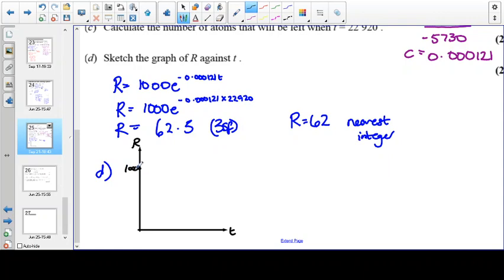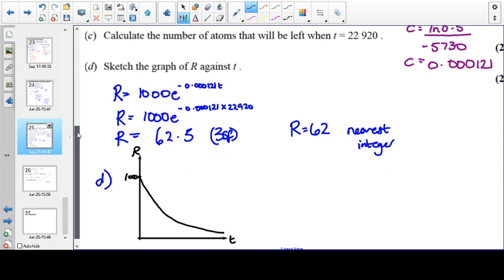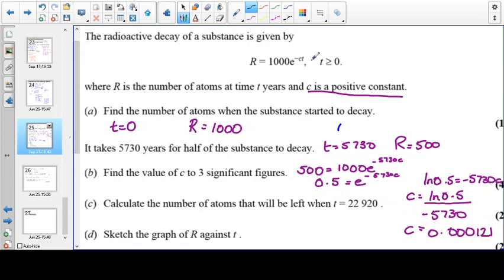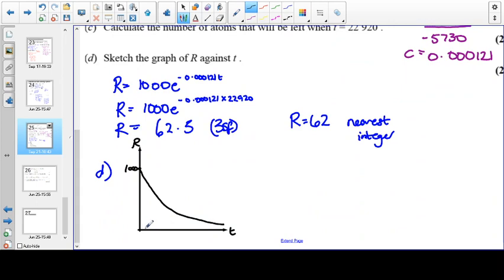So that's 1000 there. And then as t gets bigger and bigger, this starts to get smaller and smaller and smaller. And that's what that's going to look like. There's no extra constant, so it would converge to the axis. And that's that.